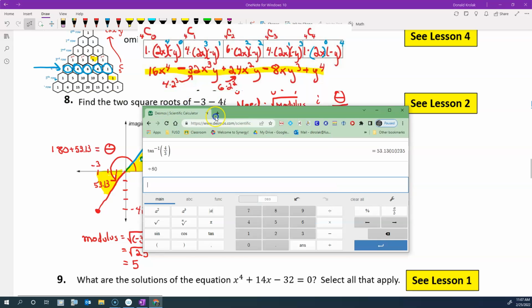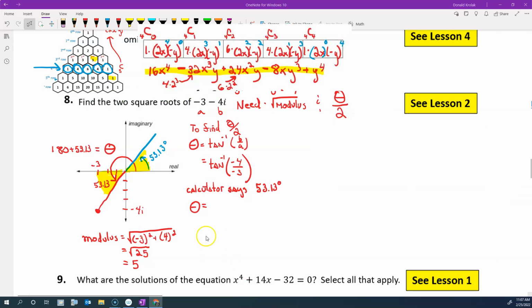I'm going to add 180. So let's do that. 233. Okay, so now you can get half of it by dividing that by 2. 116.